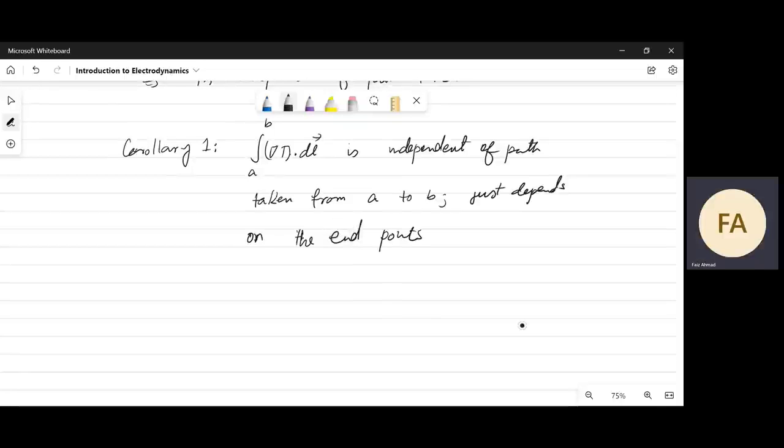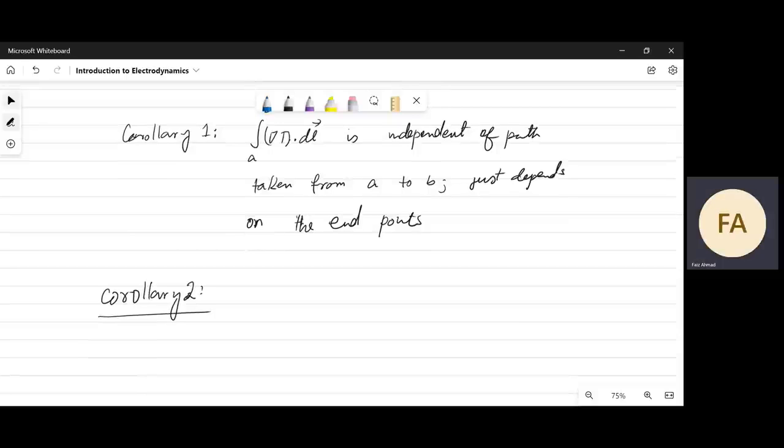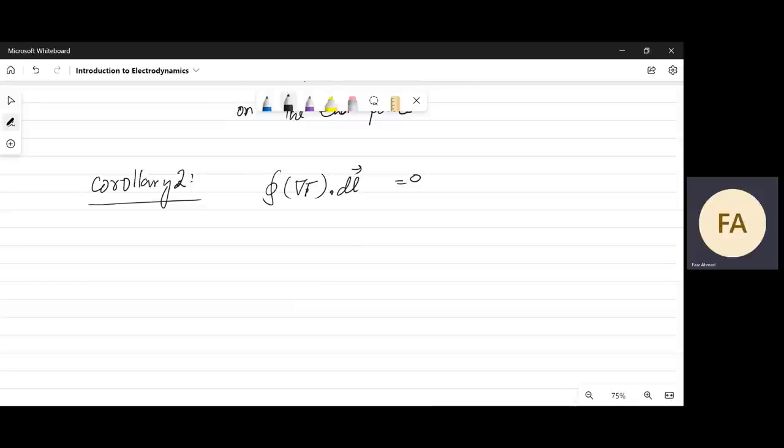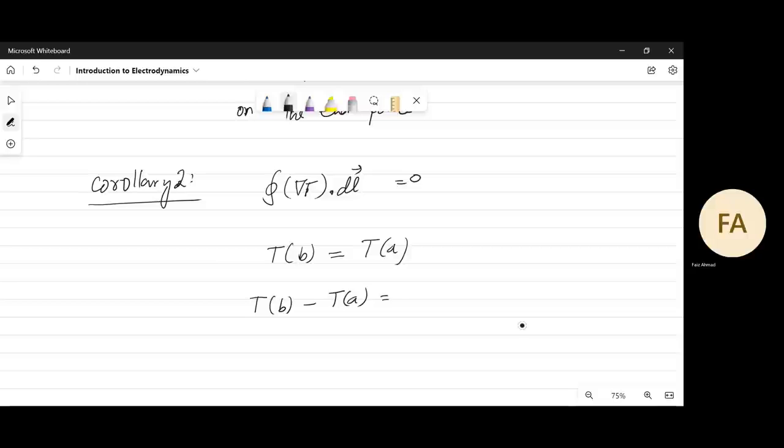The second is, as it's independent of the path, the closed loop integral of del t dot dl must be 0, because in that case you will have to come back to A. So T(A) is equal to T(B), or T(B) minus T(A) turns out to be 0.